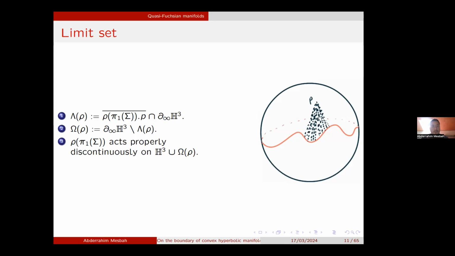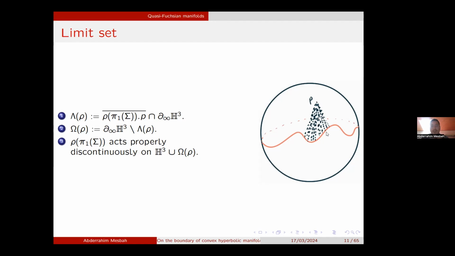We take a representation which is discrete and faithful. When a representation is discrete, it acts properly discontinuously, so we don't have accumulations inside the space. And we take any point p in the hyperbolic space, and we look at its orbit under the action of this representation ρ.